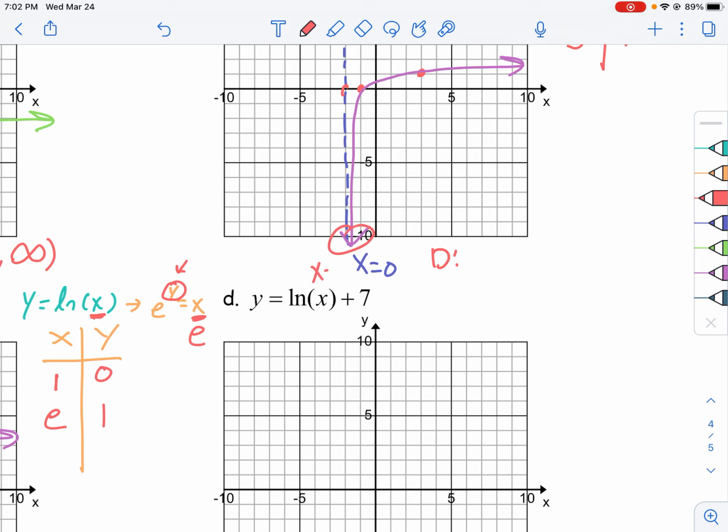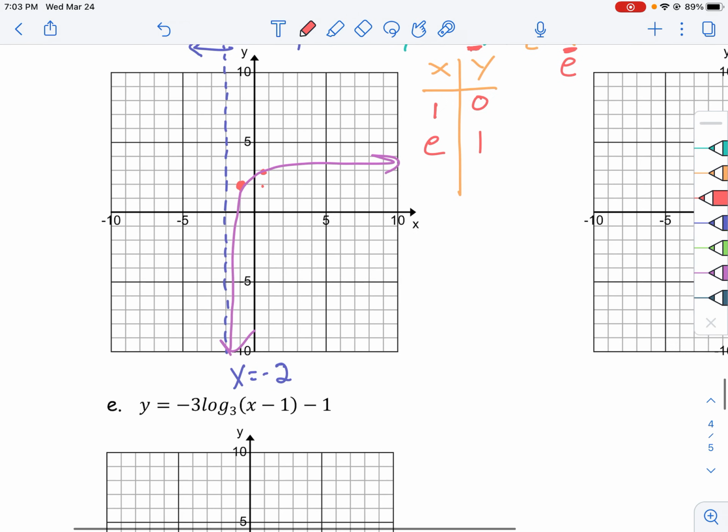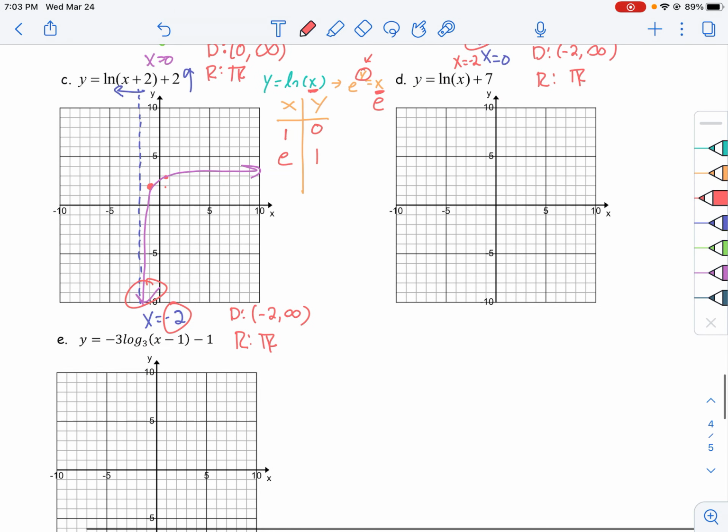Because we're starting over here at x equals -2. So we're going from -2 to positive infinity. The range here, all real numbers. For this third one, again, the domain, we're at -2. That's our vertical asymptote, so -2 to positive infinity. Range, always all real numbers.